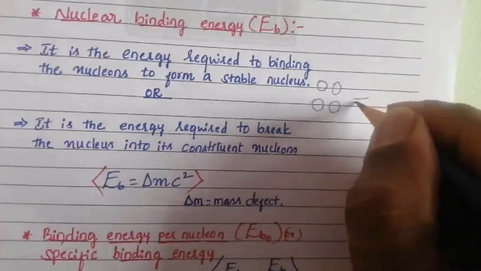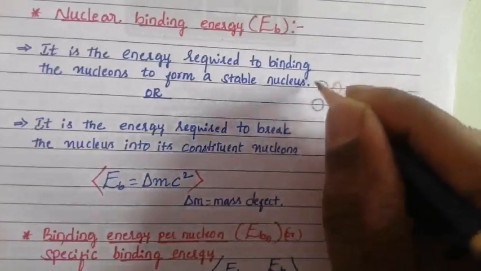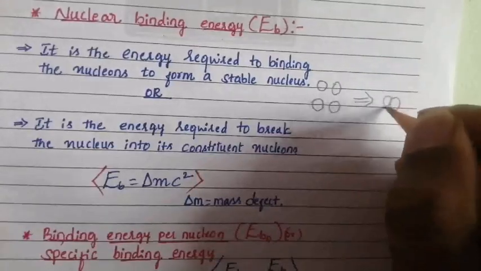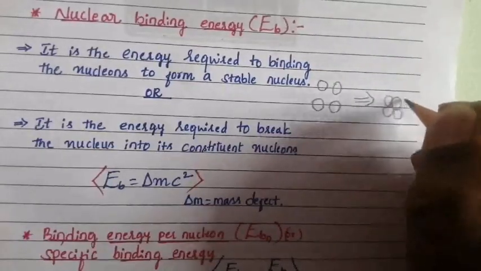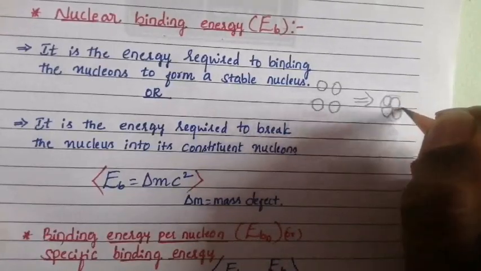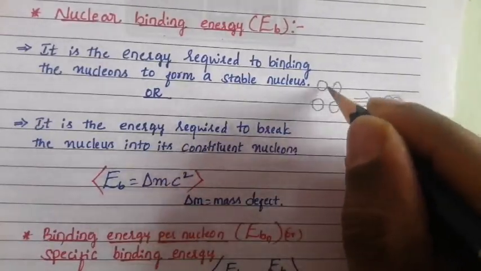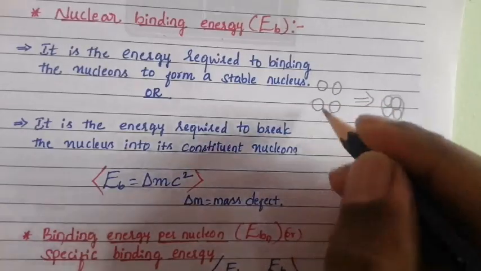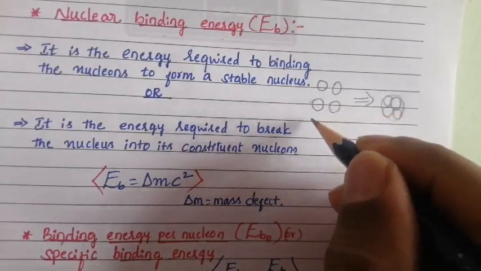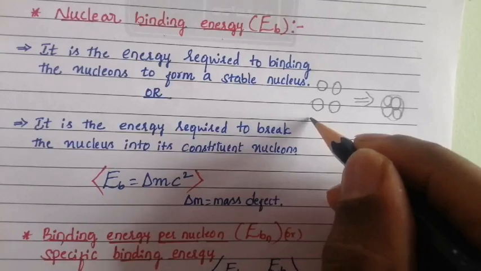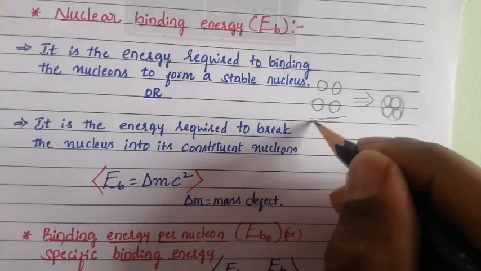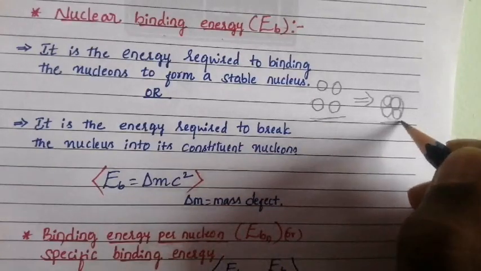When these nucleons are bound together to form a nucleus, let us consider this is helium nucleus. I already told that in mass defect, the mass of these individual nucleons is higher than this helium nucleus.